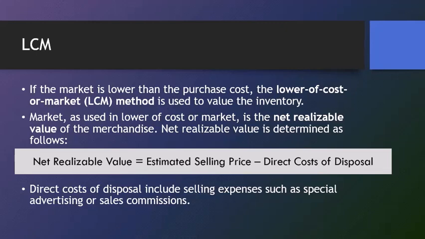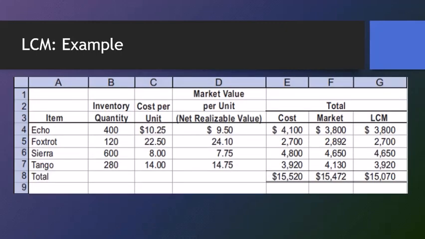So let's look at how this might play out in an example. Okay, so in this case, we're looking at a company, and it looks like they have four products here: the Echo, the Foxtrot, the Sierra, and the Tango. All right, so we've got the quantity that they have on hand, and we've got the price per unit. Okay, so now we're going to look at the market value, which again is the net realizable value, and we're going to look at it on an item by item basis here.